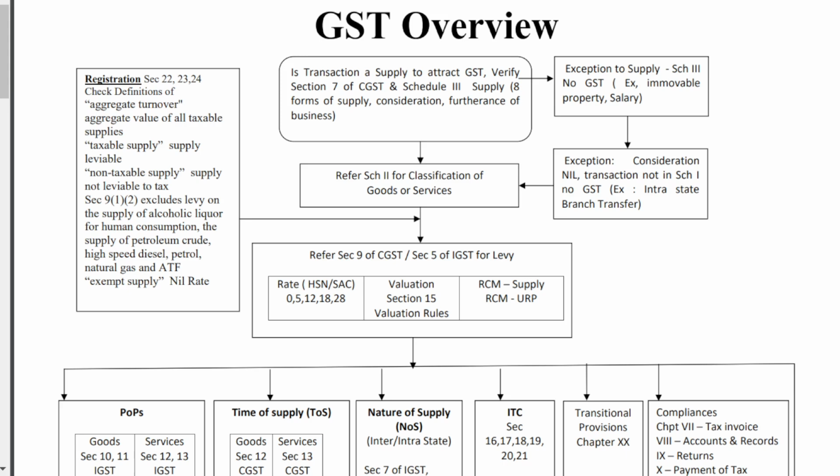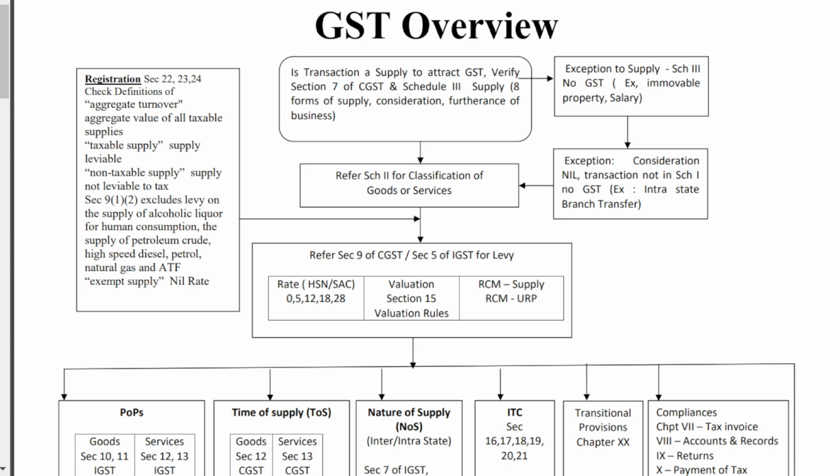The next one is we have to refer to section 9 of the CGST and section 5 of the IGST for levy. The rates under GST are basically zero rated, then 5%, then 12%, then 18%, and then 28%. Maximum rate under GST is 28%. If it be CGST, SGST, then it will be divided by 2.